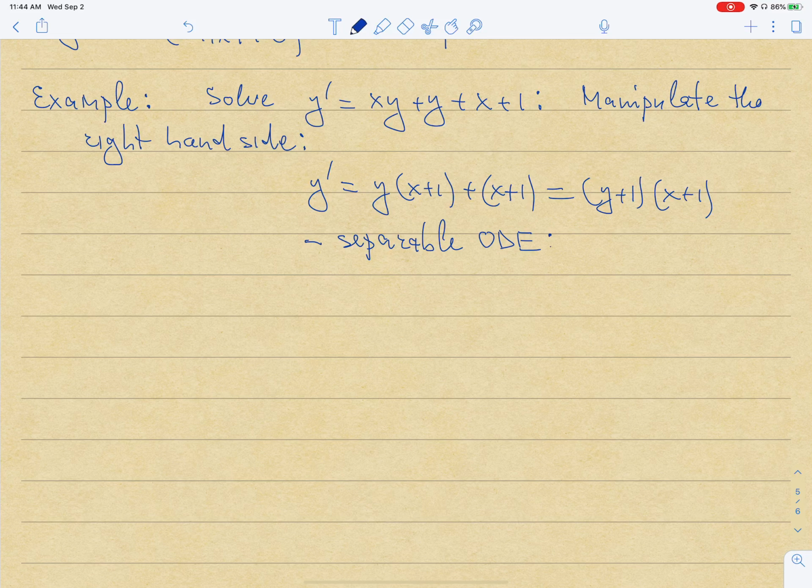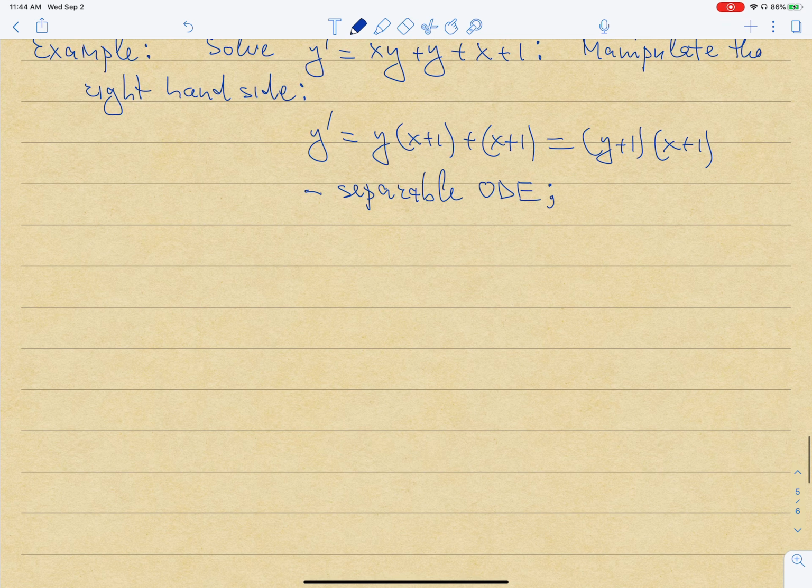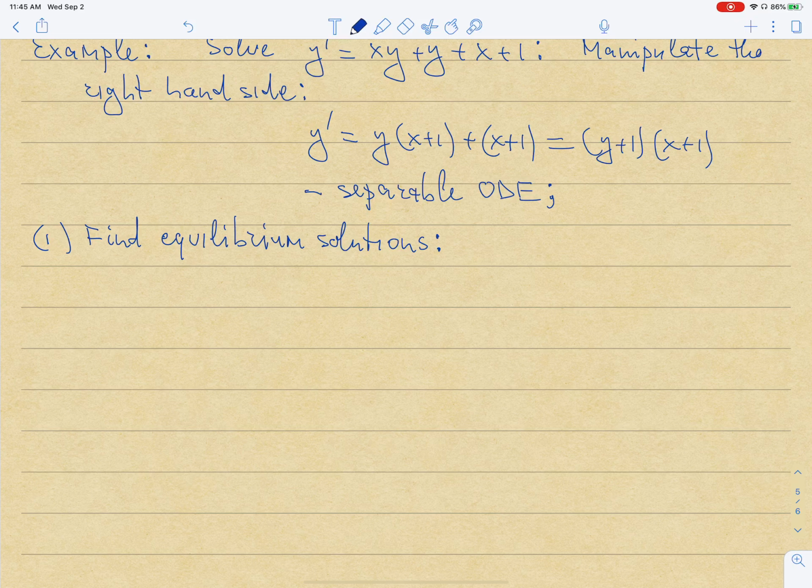Okay, so then because it's separable, first we find equilibrium solutions. So how do we do that?